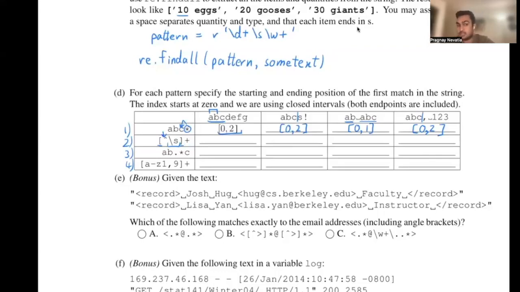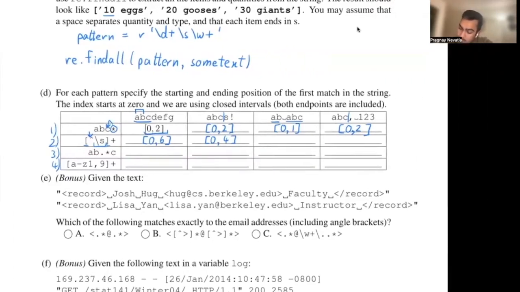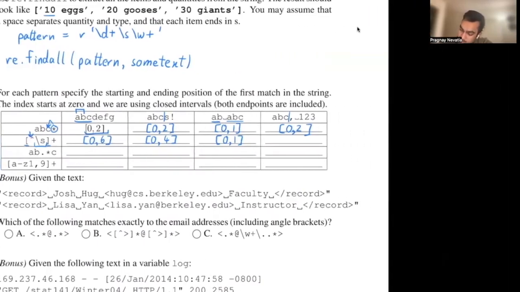It's one or more of these non-space characters. So since there is no space character in the first string, you essentially match all of it. So you get 0, 6. Similarly, there's no space character in this one either, so you match all of it. Here, there is a space character, so you only match AB. And again, here there's a space character, so you only match the first 4 characters. So 0, 3.